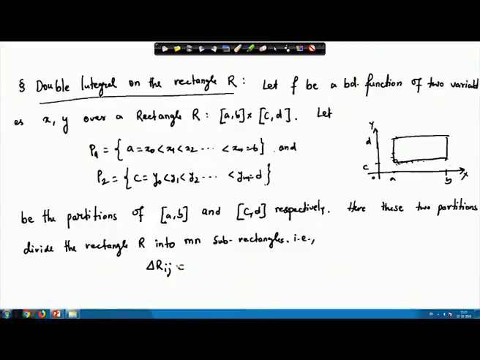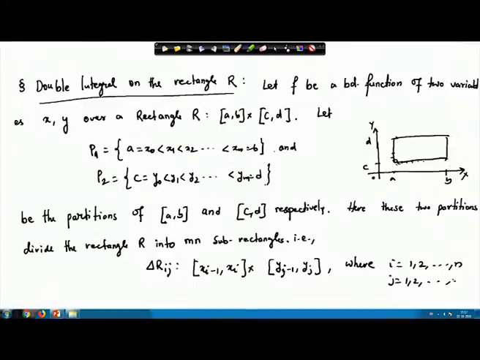So, this one will be given by x i minus 1 to x i times y j minus 1 to y j, where i is running from 1, 2, 3 up to n and j is running from 1, 2, 3 up to m. All right. So, this is basically our rectangle in a way, and it is given by this fashion.